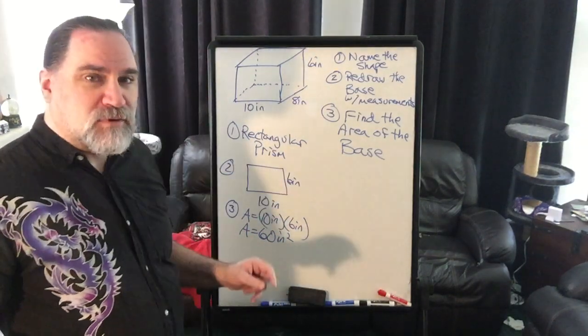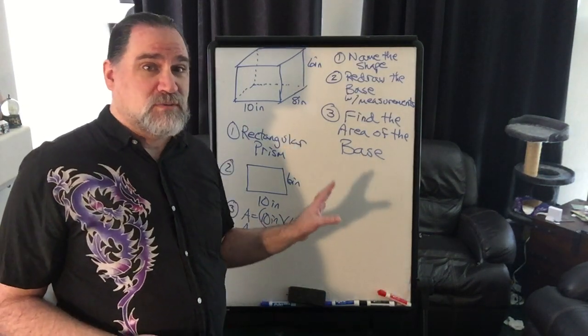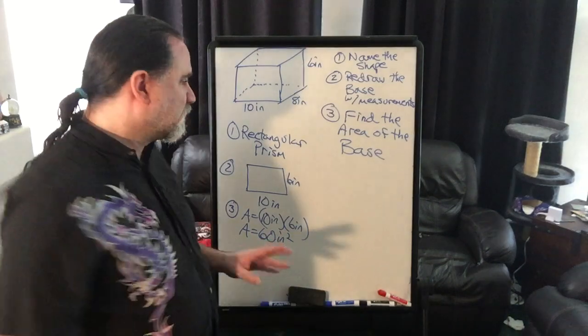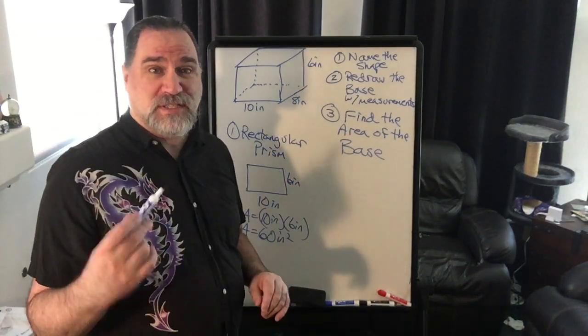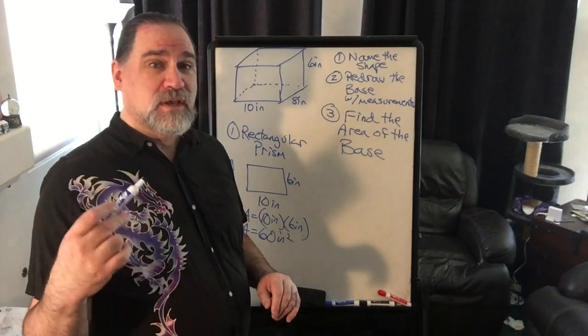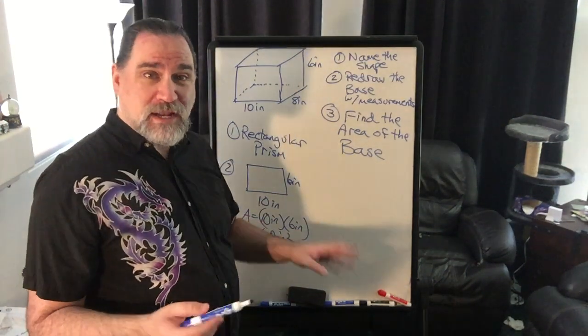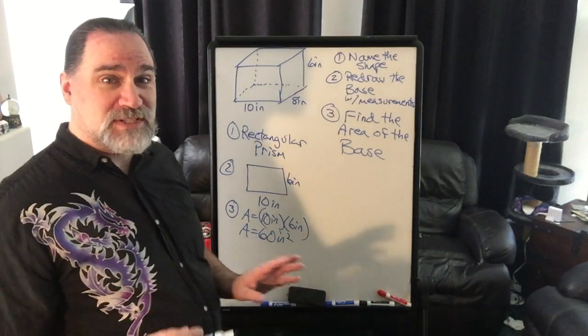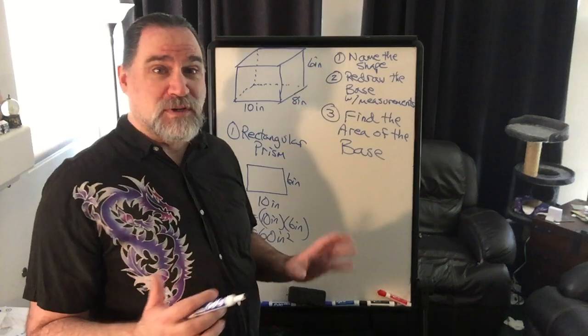Now, right here, if we were finding surface area, the next thing we'd need is the perimeter of the base, but we're not. We get to skip that. That's the step we no longer need, the perimeter of the base. If we were also asked to find its surface area, then we would. And it's always nice to see those two things side by side, to be able to do both: find an area, find a surface area, especially if you're into building.